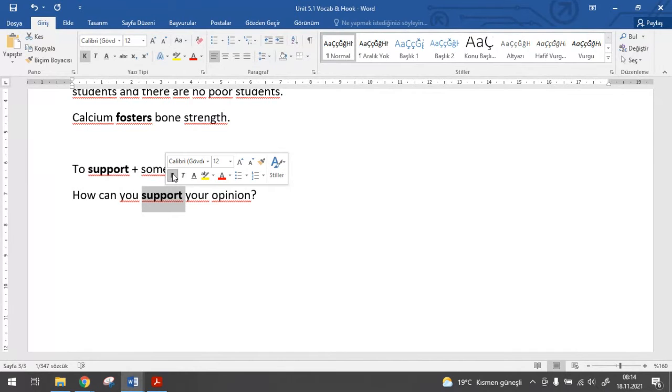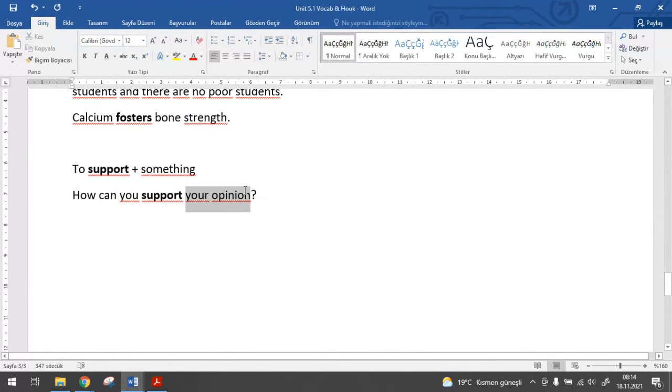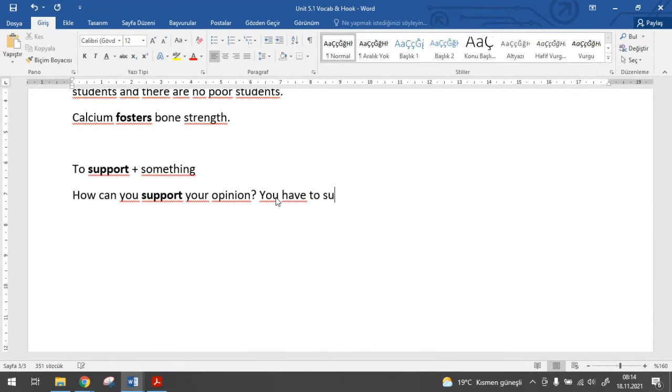So in writing, especially, or in speaking, when you have an opinion, you have to support this opinion. You have to support it with maybe examples or specific explanations.